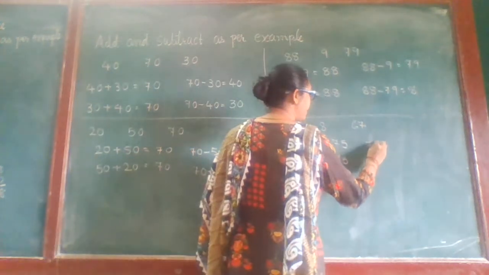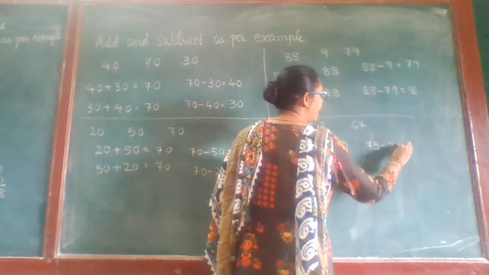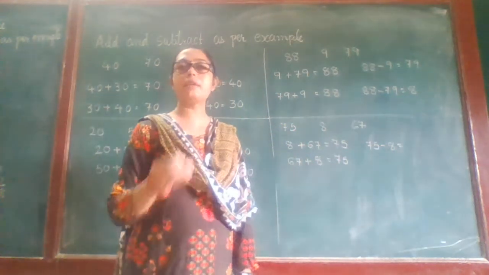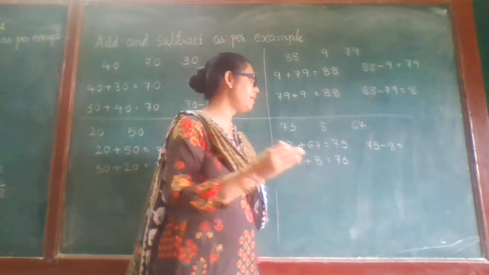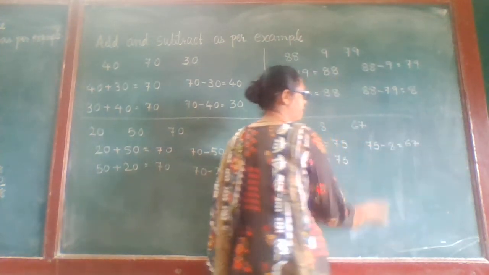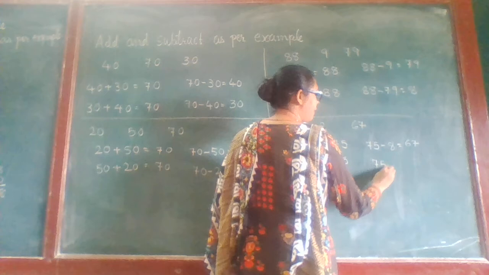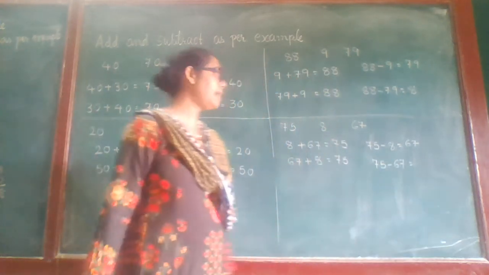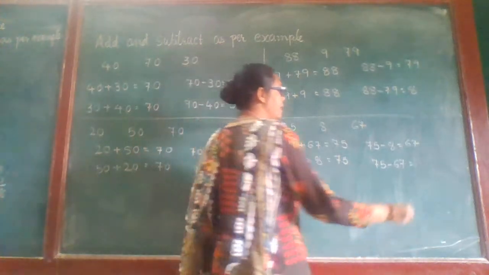Now from 75, I remove 8. Means 75 minus 8, we subtract 8 from 75. We get the answer 67. Now again from 75, I subtract 67. 75 minus 67, we get 8.